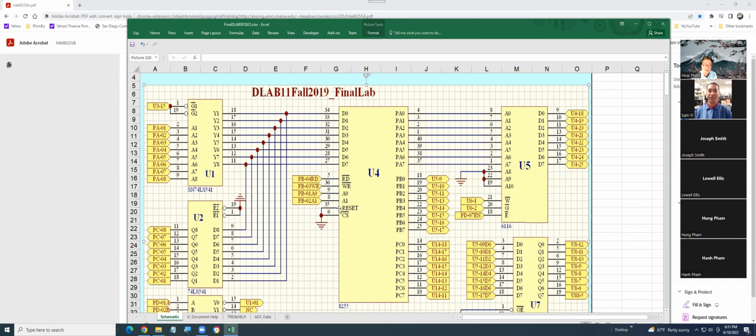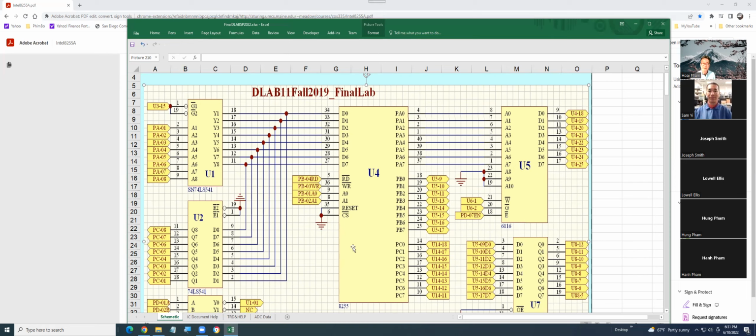Now, if you change A0, A1 to 0, 1, that means they're talking about port B, and data can go this way. And if you set 1, 0, that means port C goes this way. That is the read operation.